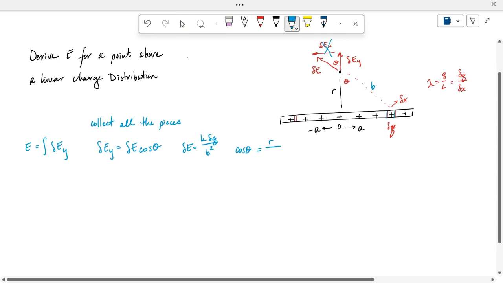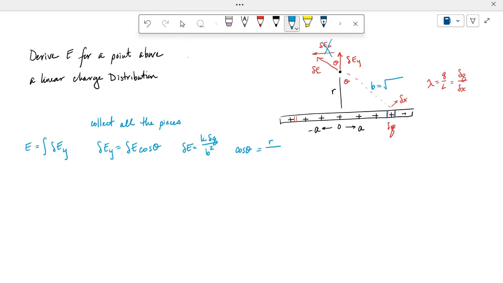Well, b is equal to the square root of x squared plus r squared, because Pythagorean theorem. So we'll make that to the negative 1/2. I don't like square roots. x squared plus r squared to the 1/2. All right, so those are all little pieces.